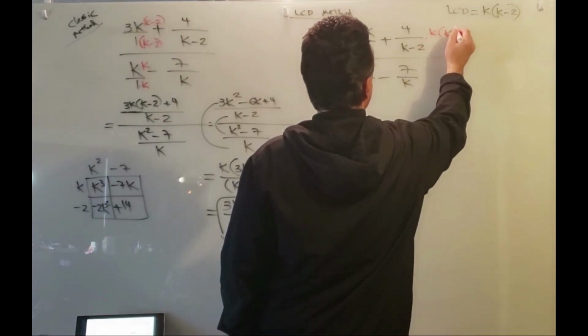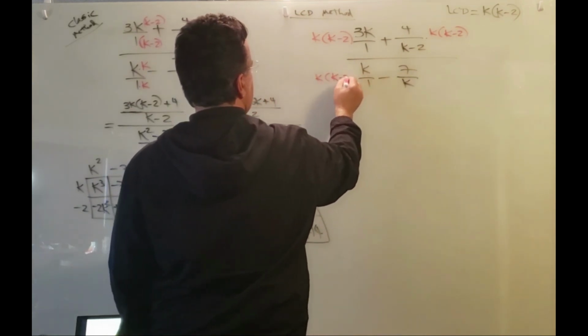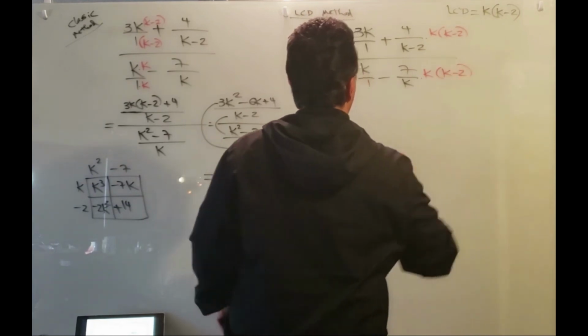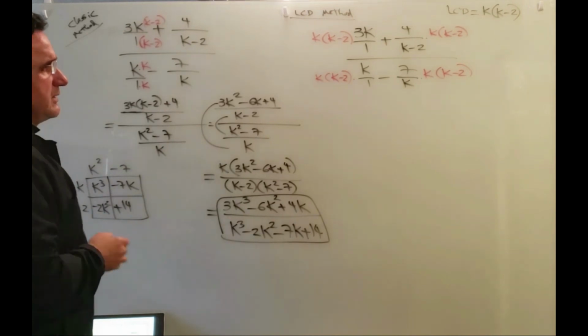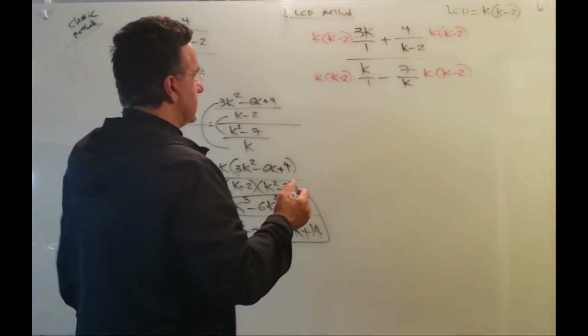And that's because of distribution. Okay, so now we're going to go through and we're going to try to cross cancel if possible and write down what's left.